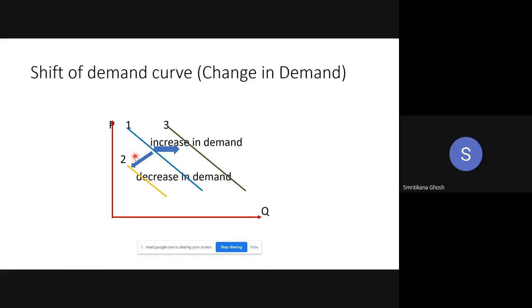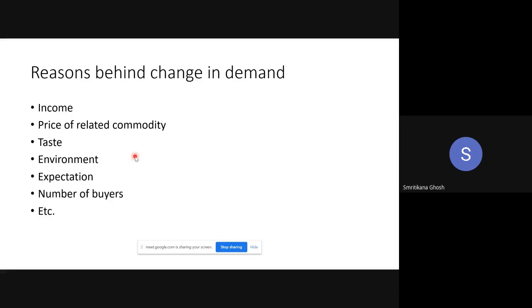Okay, there are a lot of examples of related goods. You know some of them: tea and coffee, sugar and tea, pen and pencil. Can you give any interesting example of two commodities which are related somehow? Gasoline and car. Okay, gasoline and car.